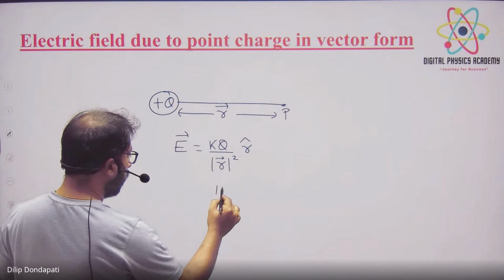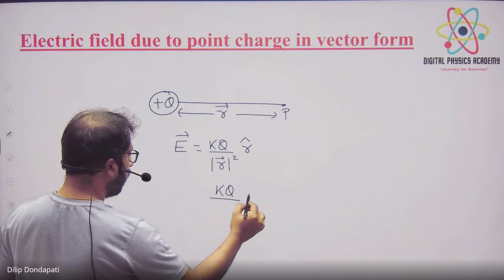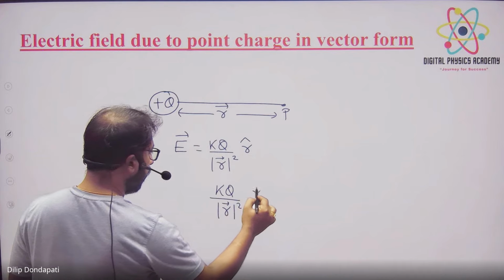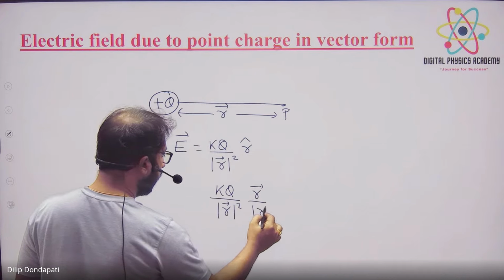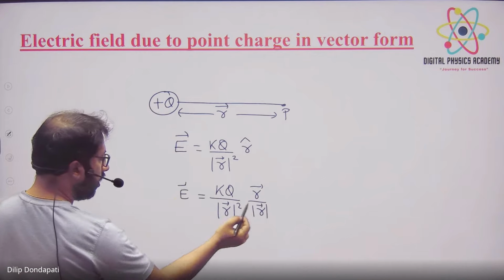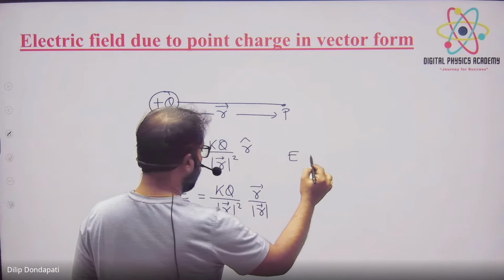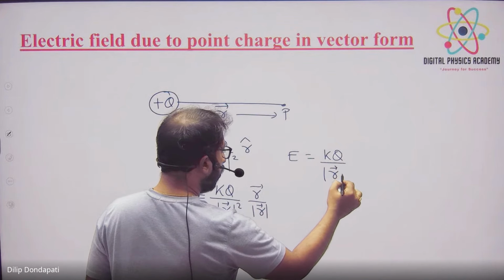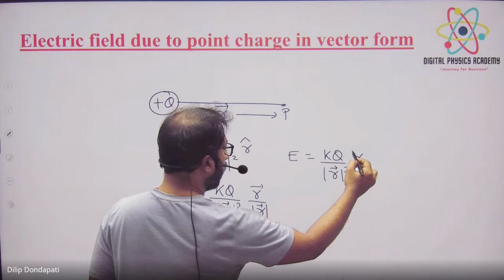What is the formula for a cap? It is vector a by mod a. Therefore this square into this one cube. Electric field is K Q by mod r cube into r vector.